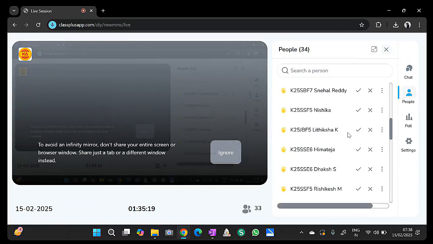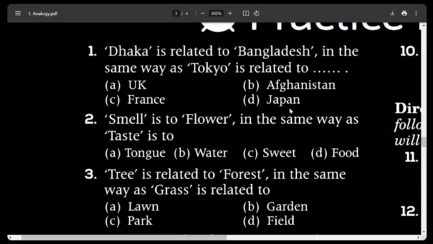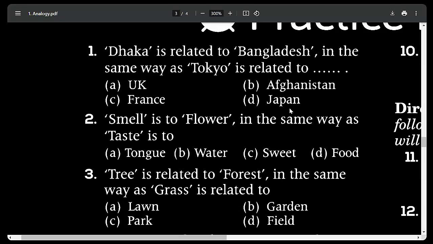Okay. Litiksha, can you answer this question? Sir, yes. Tree is related to forest. Then what is the relation? What is the relation between them? Tree lives in forest.